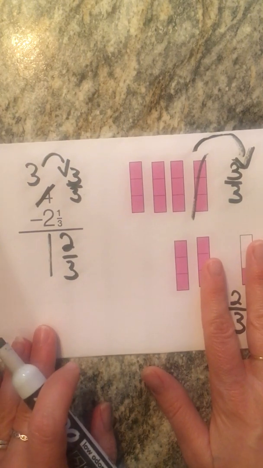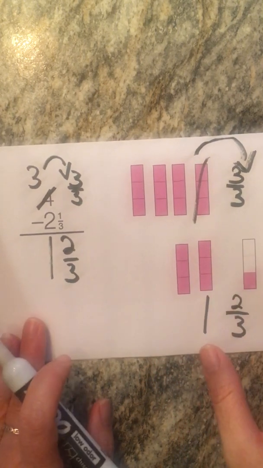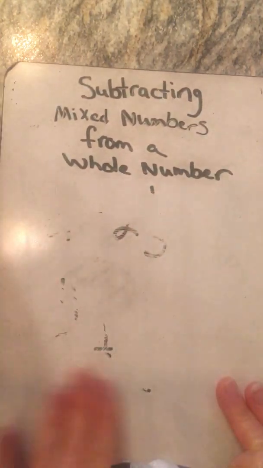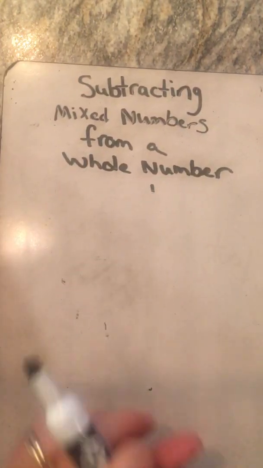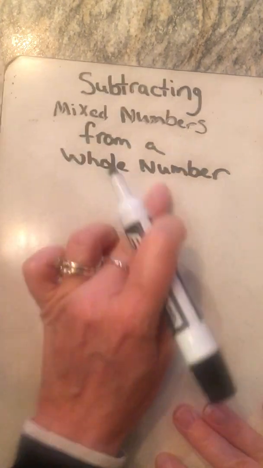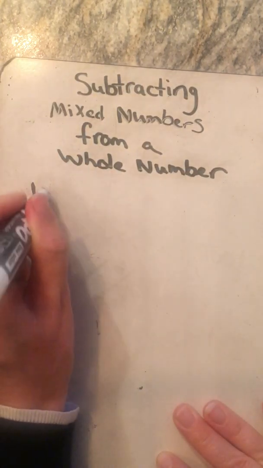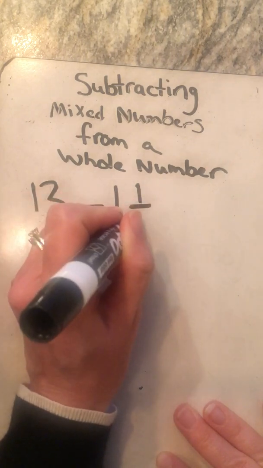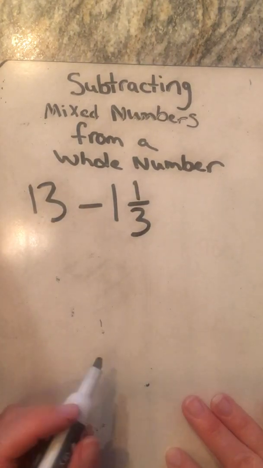So we're going to try this one more time, but this time we're not going to show a picture. Okay. What if I gave you the problem 13 minus 1 and 1/3.